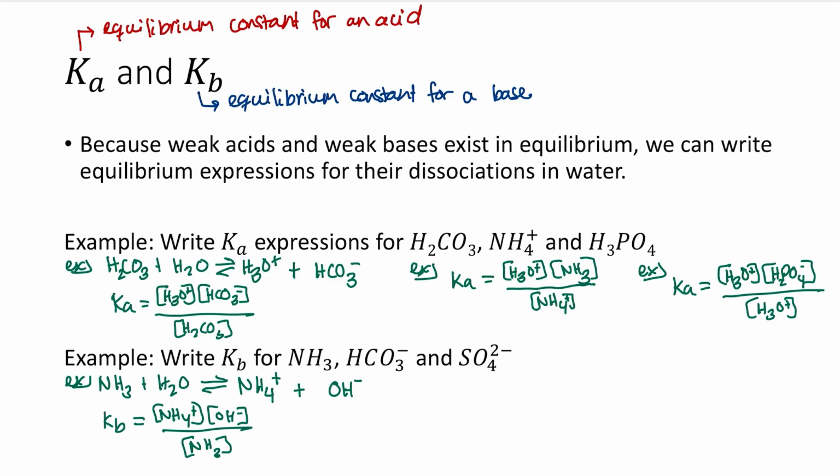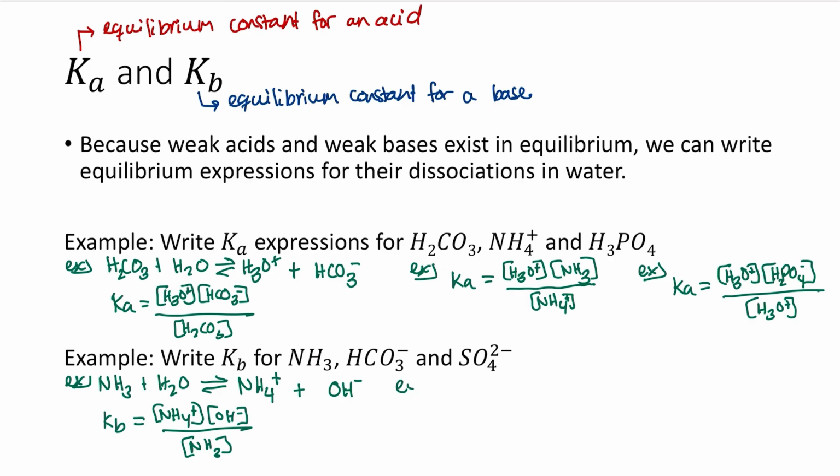Notice that the overall charge of my reactants is neutral, and the overall charge of my products is neutral. Now, when you're writing Kb for a base, the products are always going to be hydroxide and the conjugate acid.